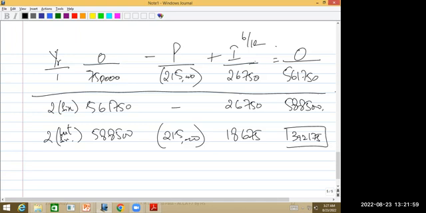So what's the current liability from this amount?